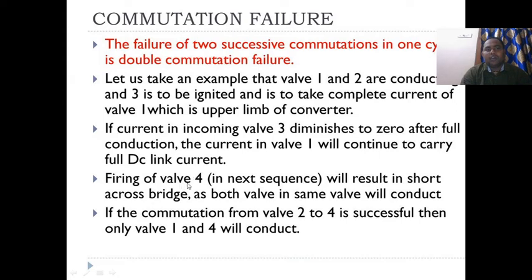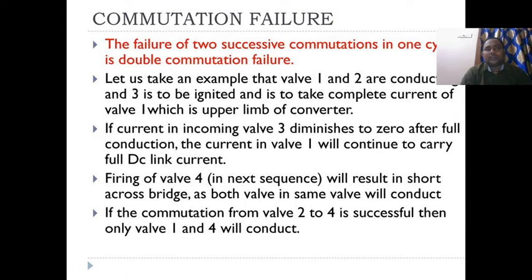Firing of valve 4 in the next sequence will result in a short circuit across the bridge, as both valves in the same limb will conduct. If the commutation from valve 2 to 4 is successful, then only valves 1 and 4 will conduct.